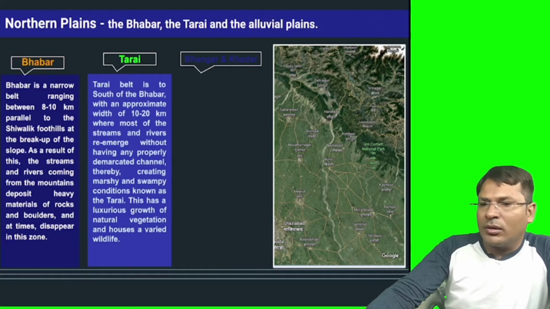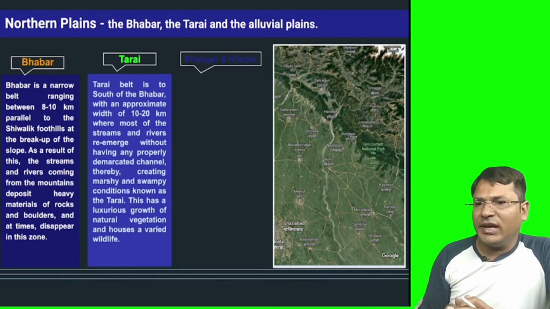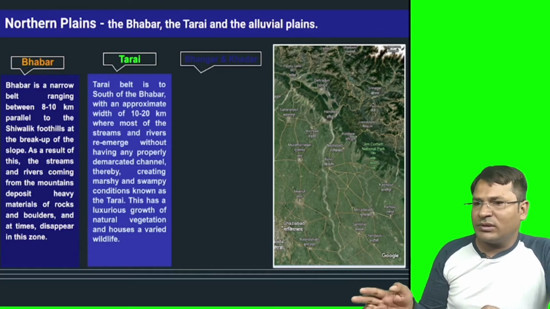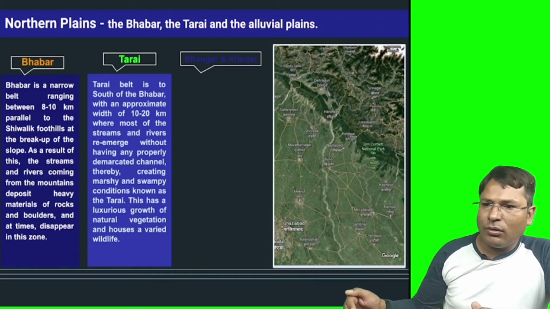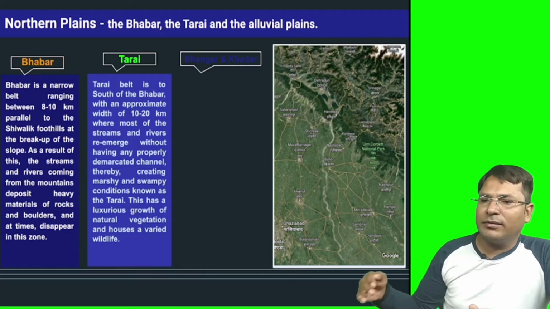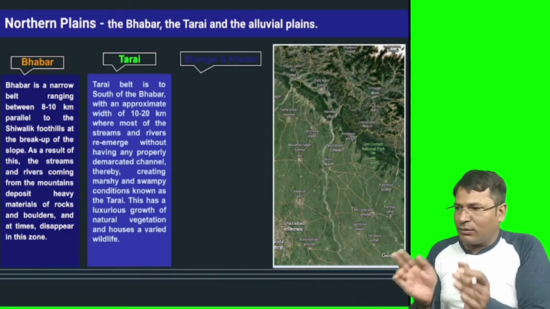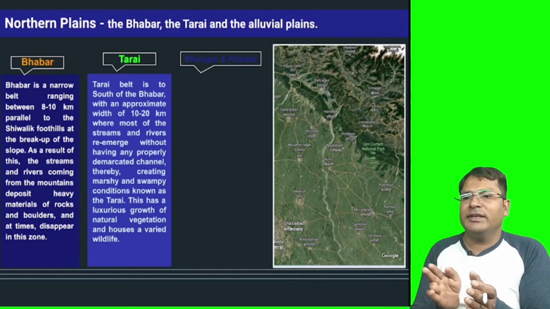When the river re-emerges after the Bhabar, because there is no speed of the flow of the river, the water is not divided into channels.